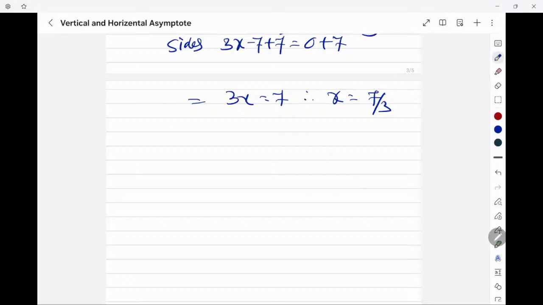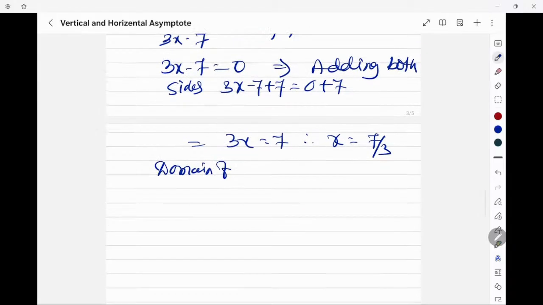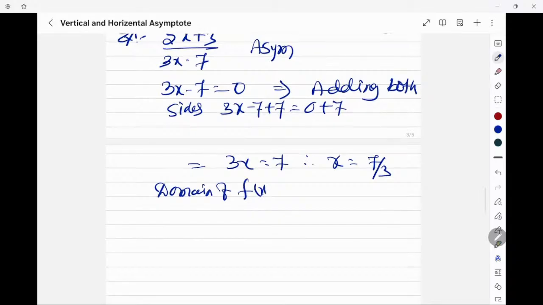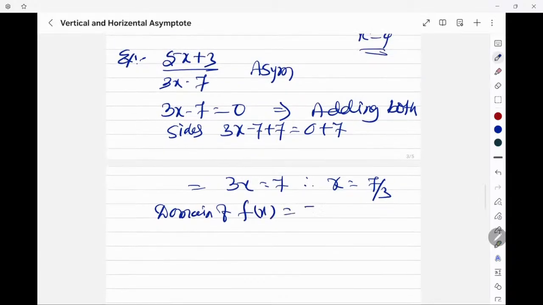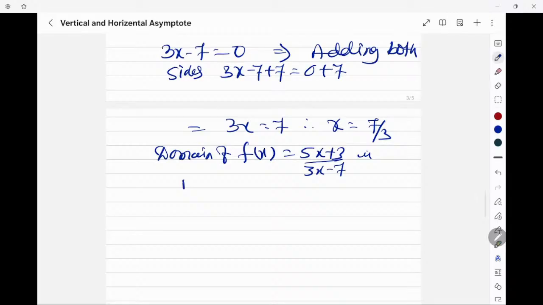Now, the domain of the function f(x) = (5x + 3)/(3x - 7) is all real numbers except x = 7/3.